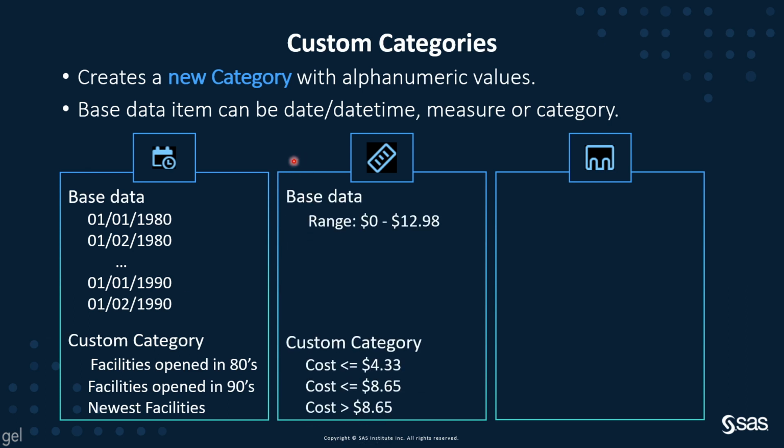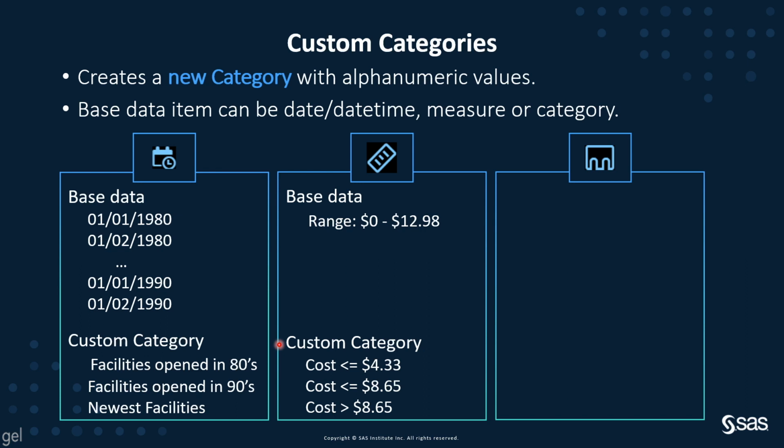For the measure data item example, imagine that we have a cost measure with a range of interval values from $0 to $12.98. For our custom category, we will create a new category data value to group the values that range from 0 to less than or equal to $4.33 as cost less than or equal to $4.33.